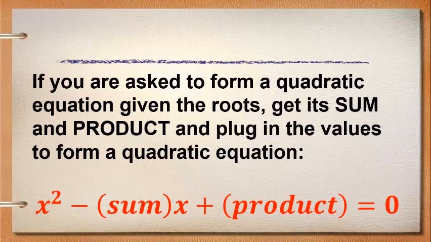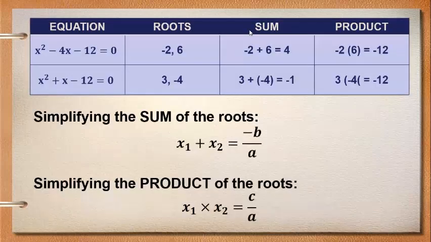Let's try our previous example. So that is x squared minus sum x plus product equals 0. We already have the sum and product, so we'll just substitute the sum and product here. So this is x squared minus s for sum, x plus product for p equals 0.